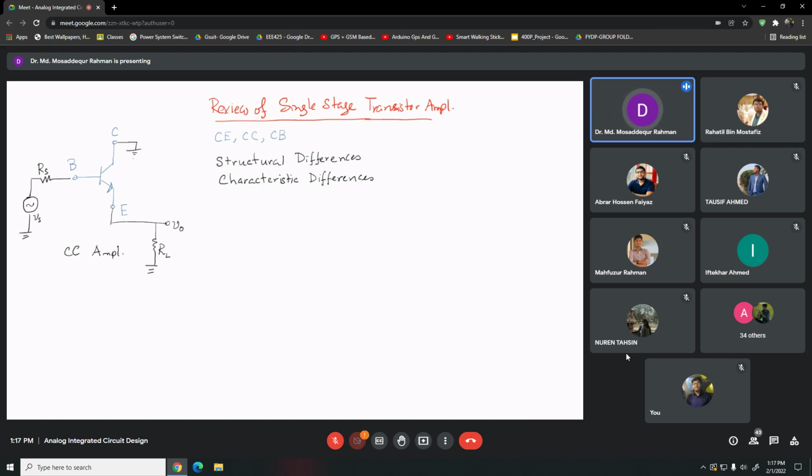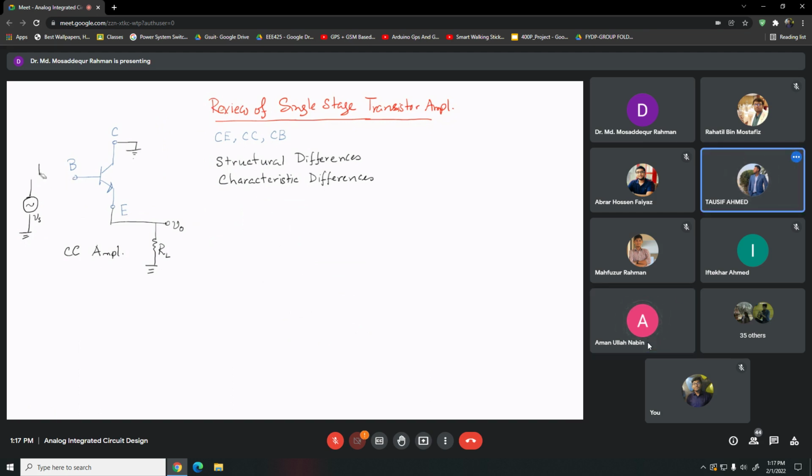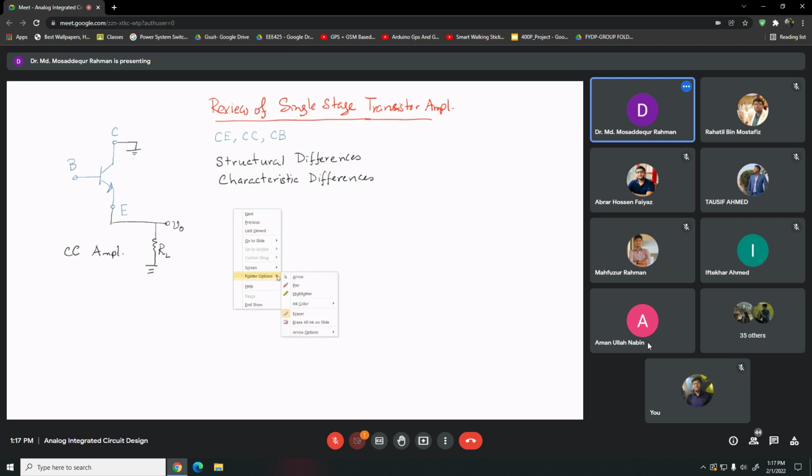And when you say common base, for common base, what we have to do? Sir, base will be grounded. Base will be grounded, right? And where do we apply the input? Sir, emitter.